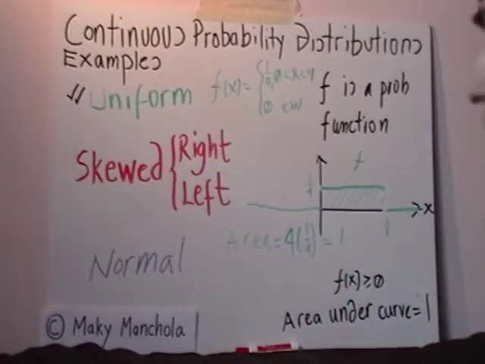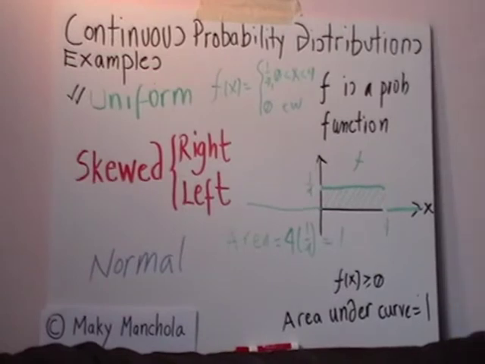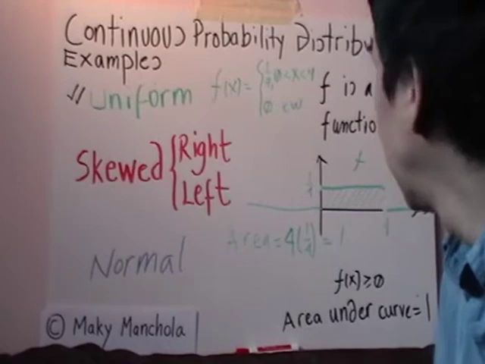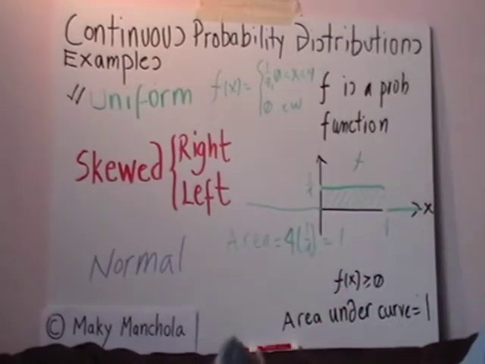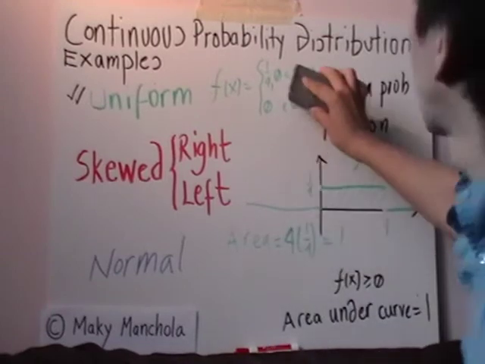Now I'm going to erase this example, and let's look at a couple of pictures for skewed distributions. In this second example, I'm not going to show an actual probability function. What I'll show is what the histograms look like.